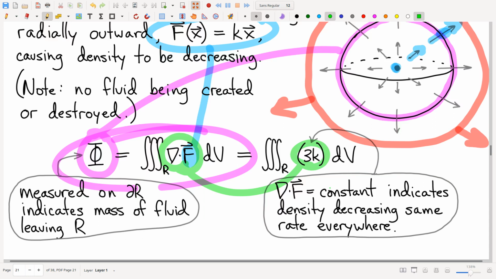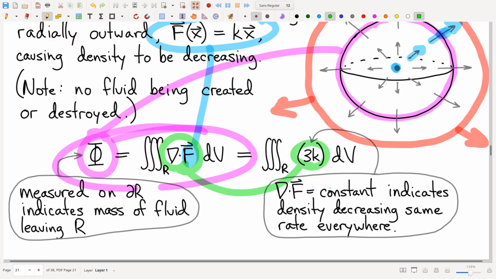Well, I'm going to interpret here that the integrand is telling me, and keep in mind, flux happens on boundaries, but it actually happens in the interior. You see it on the boundary, but it actually happens in the interior. Flux leaving through the boundary means there's less total mass on the inside. If there's less total mass on the inside, the overall density has to be decreasing.